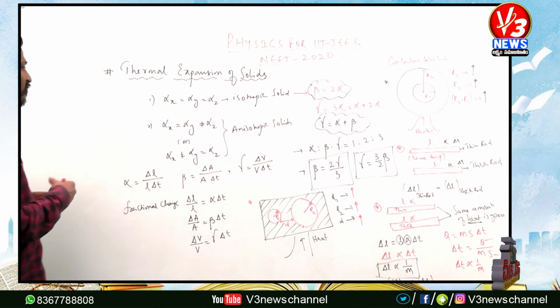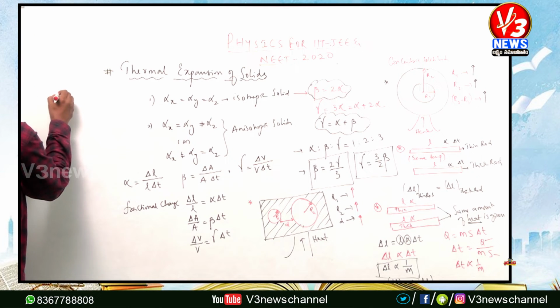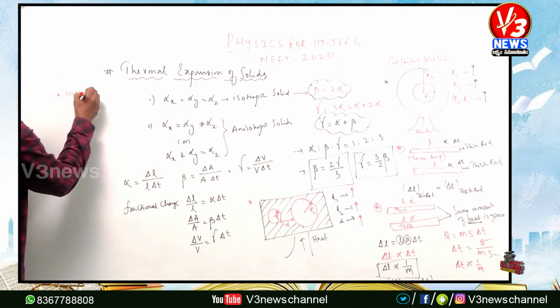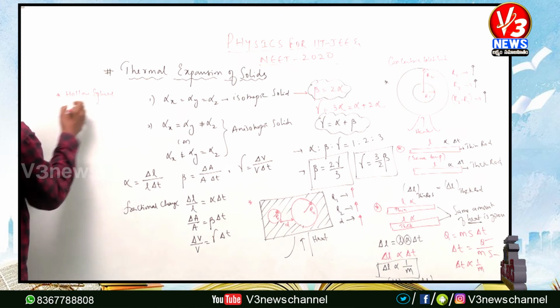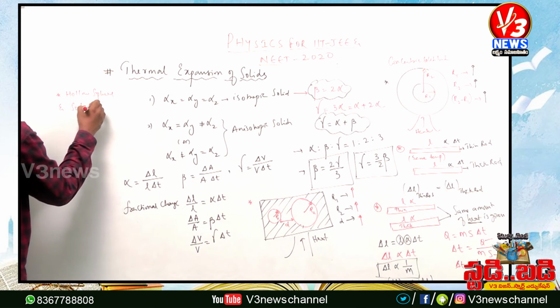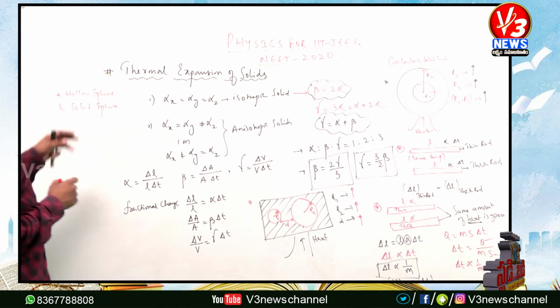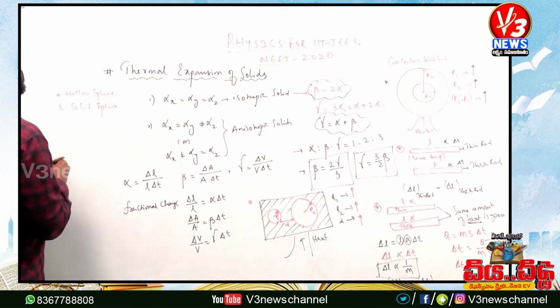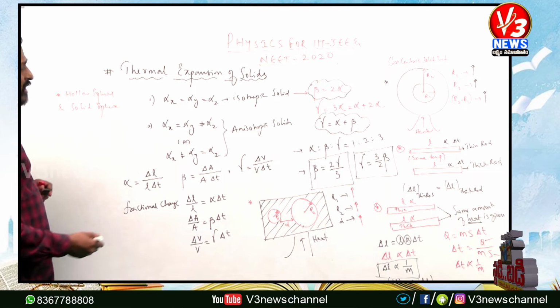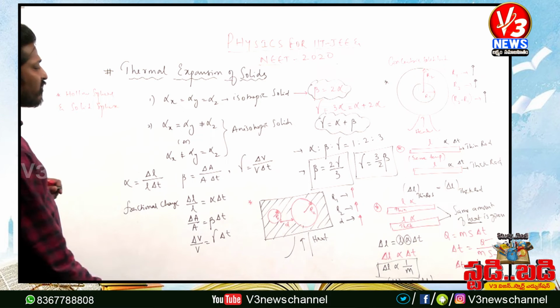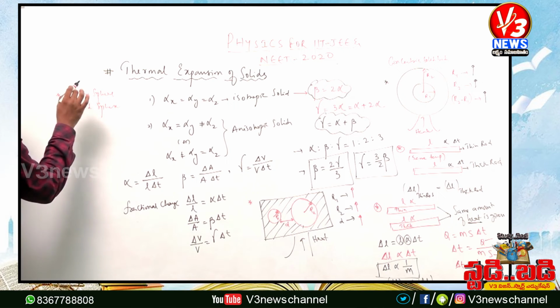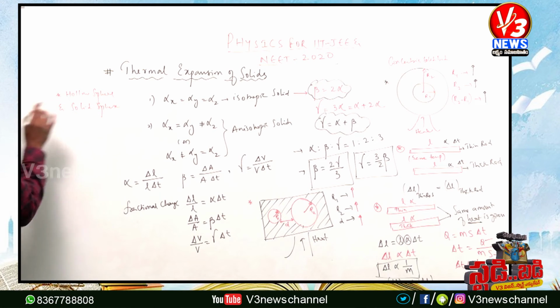See, if I take one more example, say I give you a hollow sphere as well as a solid sphere, of the same material and the same dimensions. So when you give the same amount of heat, obviously the mass of the hollow sphere is lesser than the mass of the solid sphere.